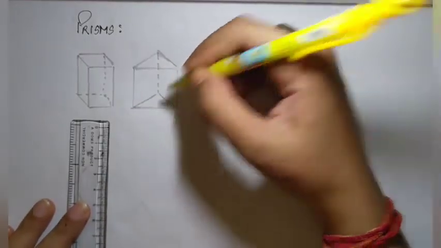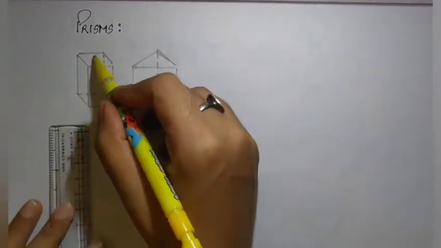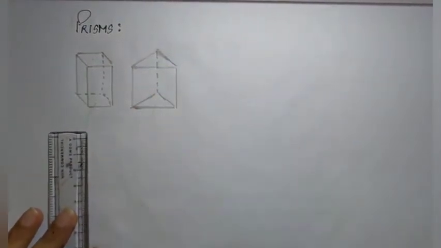So you see I have drawn two types of prisms here, one with squares, another with triangles.